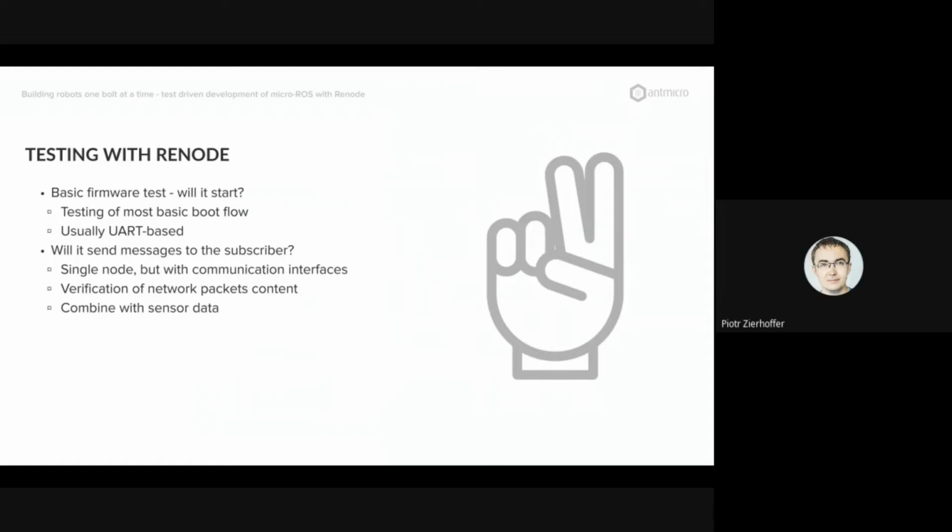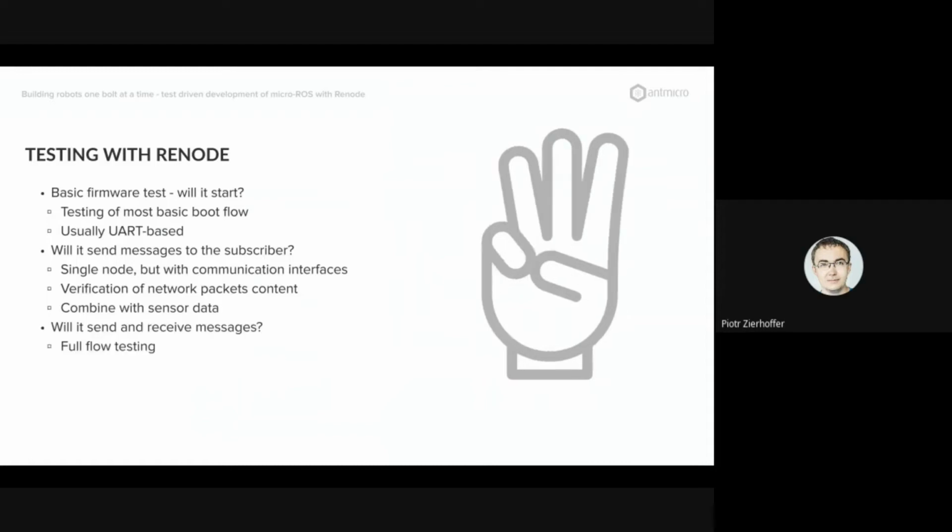This still can be done in a single node environment, but the test will be more complex, more difficult. And in the end, you will want to test the full flow of the complex setup when nodes are exchanging messages.